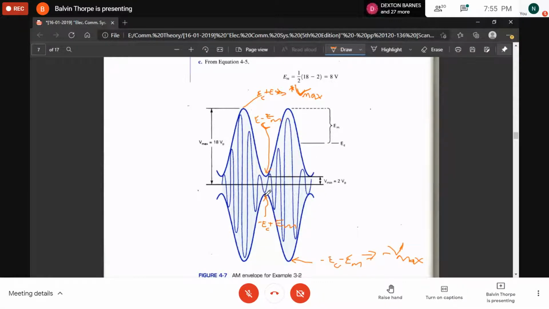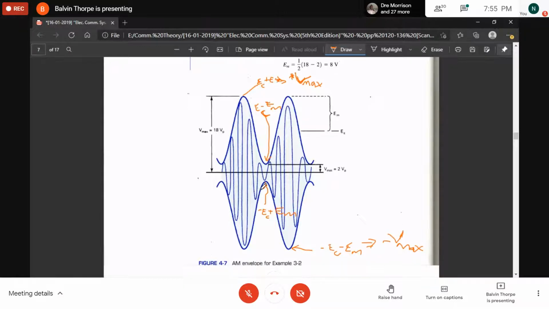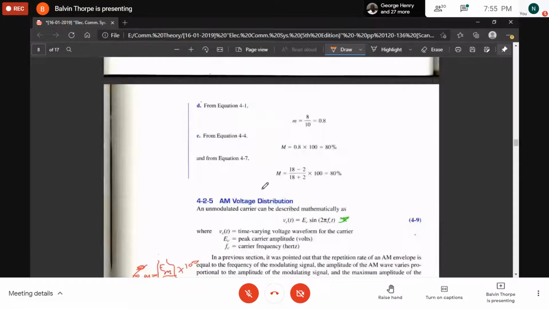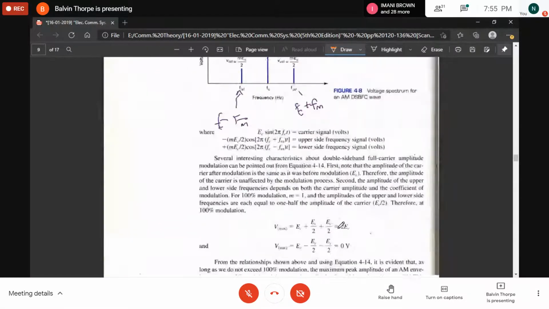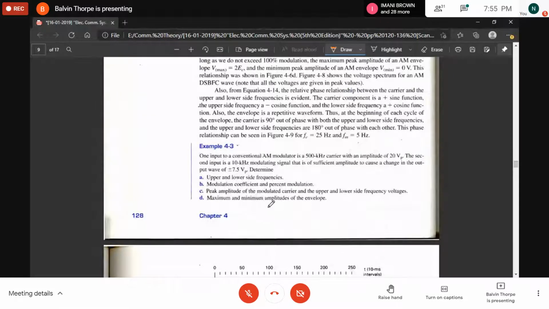And here is negative V min. Right. So from this, you can find what was asked of you, because this would be the envelope of the modulated wave. It's asking you to find the minimum and maximum amplitude of the envelope. You can find that easily.